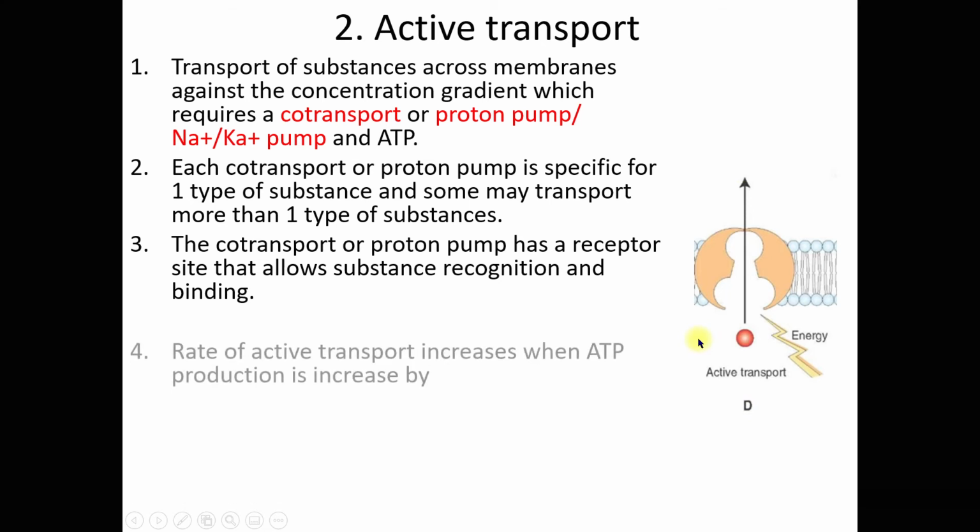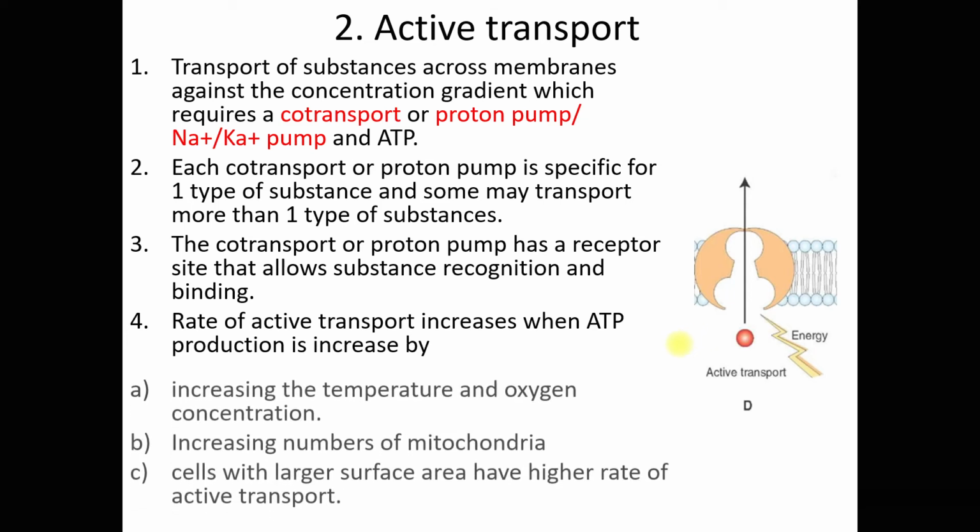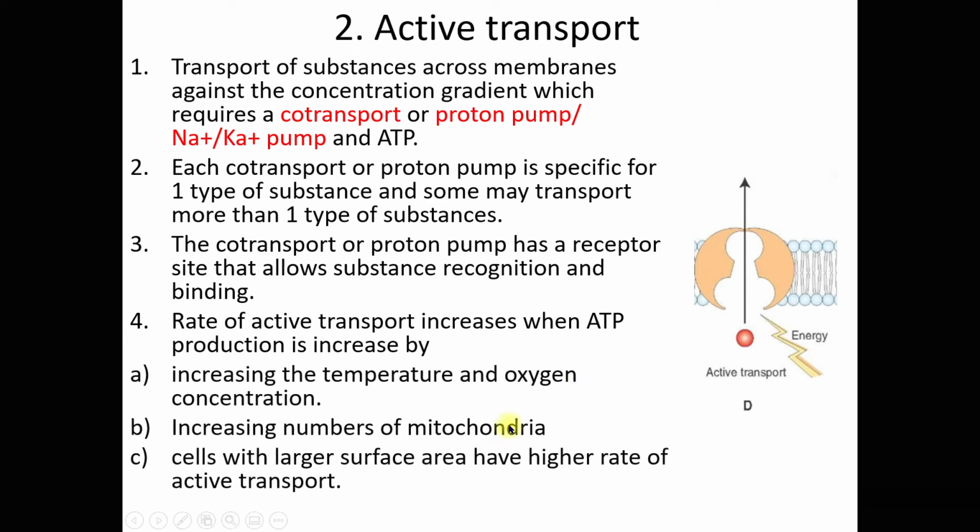Now, the rate of active transport increases when ATP production is increased, by either increasing the temperature and oxygen concentration or increasing the number of mitochondria. And you know mitochondria supply ATP, right? Mitochondria are the only organelles in our body that are able to generate ATP.